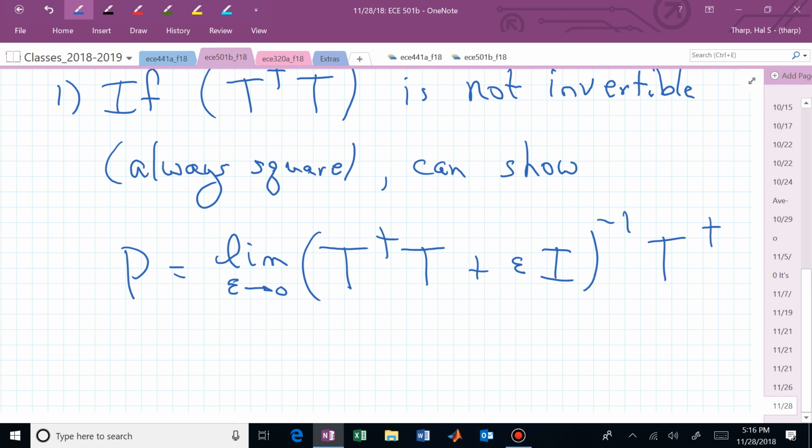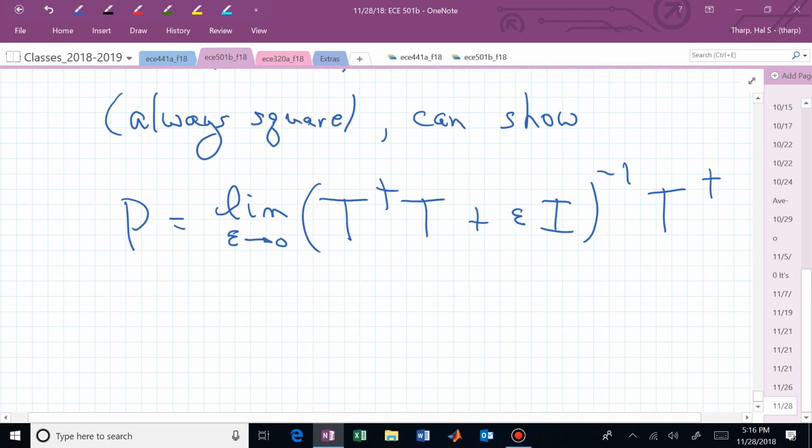And it can be shown that this always exists and it gives us the minimum error, minimizes the error. So even though we might have 0 eigenvalues, we can pad that T dagger T with a scaled identity operator, invert that, and that's going to give us what we want. So this always exists and minimizes the error.